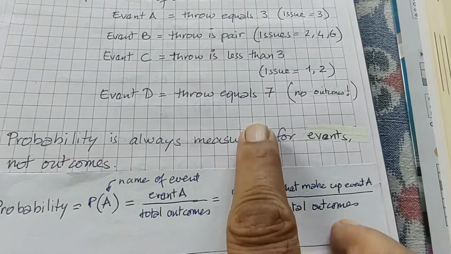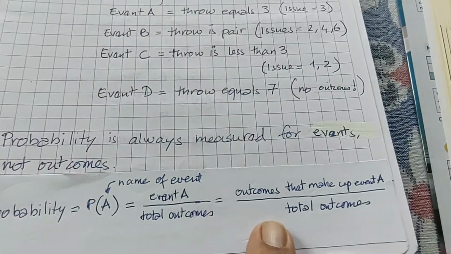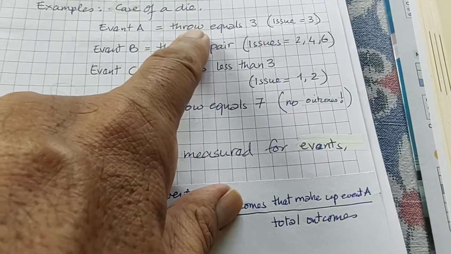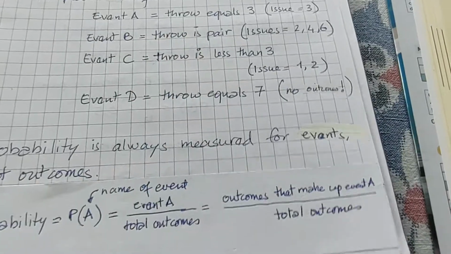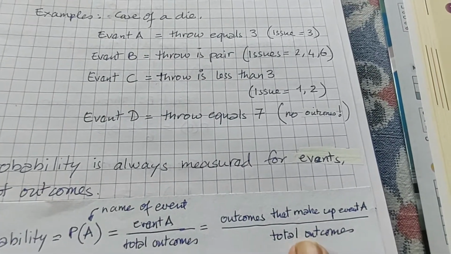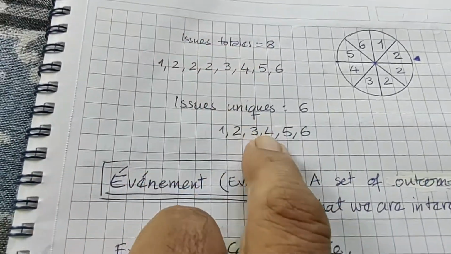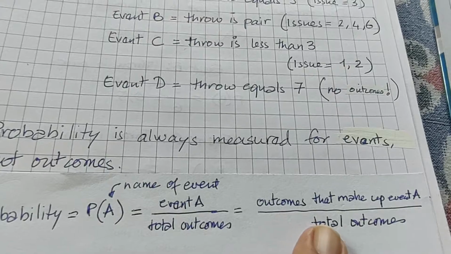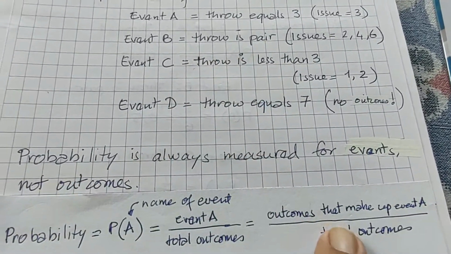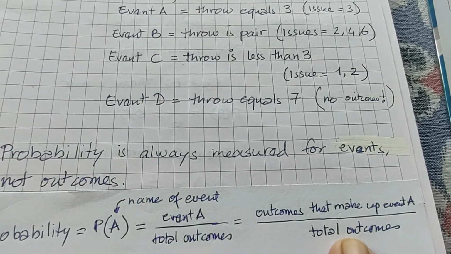So let's take this case, throw equals 3. How many outcomes satisfy this event? Only one, so you'll put 1 on top. How many total outcomes are there? When we say total outcomes, we have to look at total, not unique. In this case, the numerator is 1 and the denominator is 6.